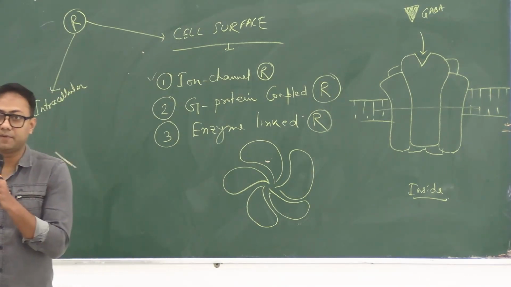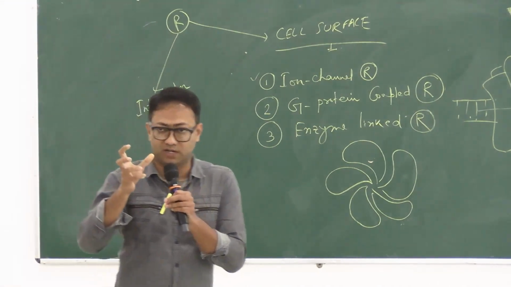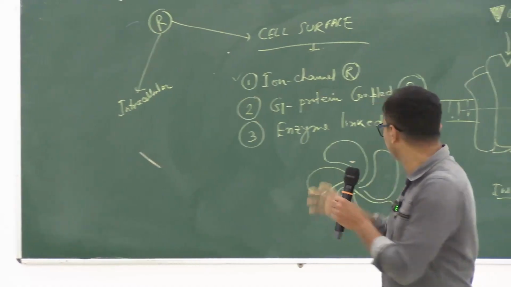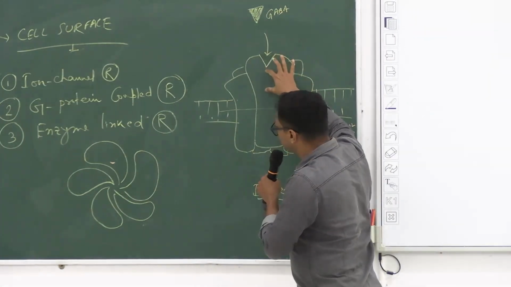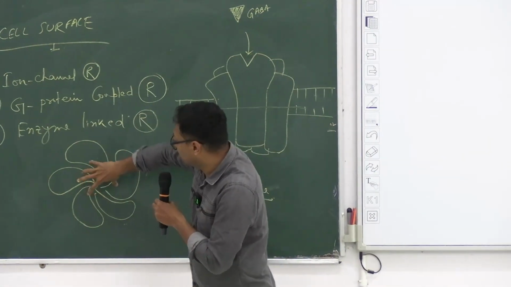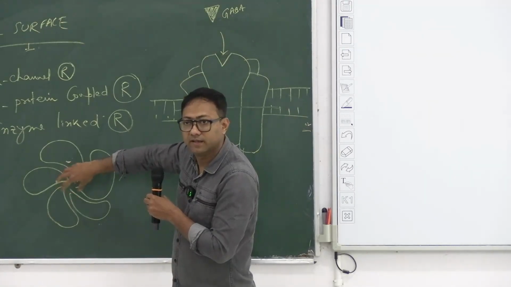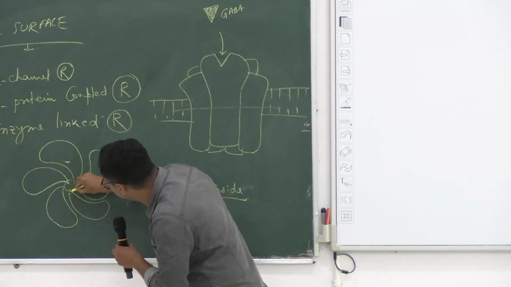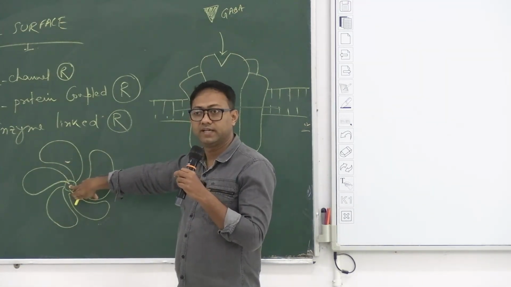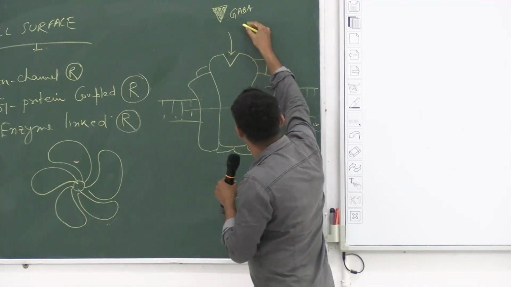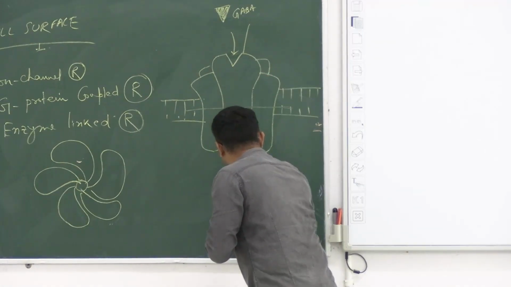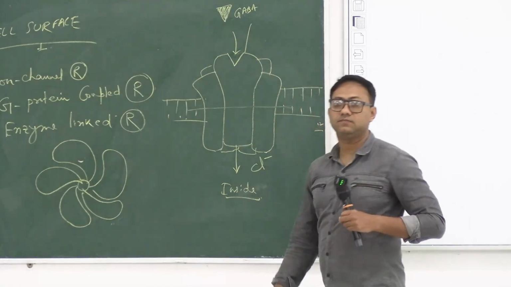The five subunits are arranged in this way in a whorl, right, okay, and once GABA binds to this, it unwinds, right, it unwinds and the pore between opens up, right, and through this pore chloride enters into the cell, clear.